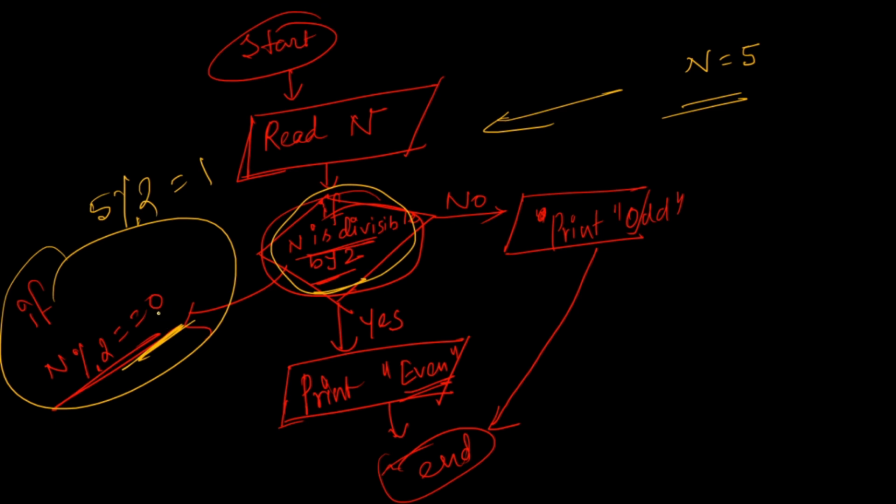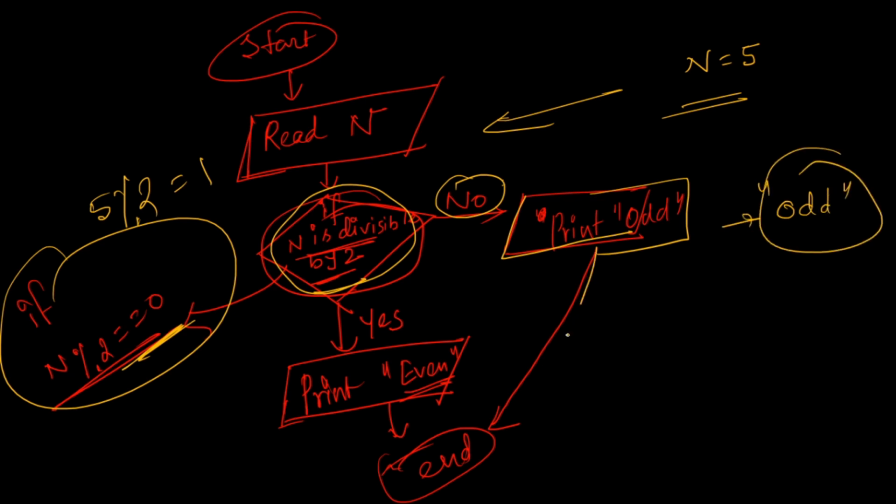The remainder will be 1, not 0, so we go to no. After coming to no, we print odd, and after that we end the program. So in the case of 5, it prints odd.